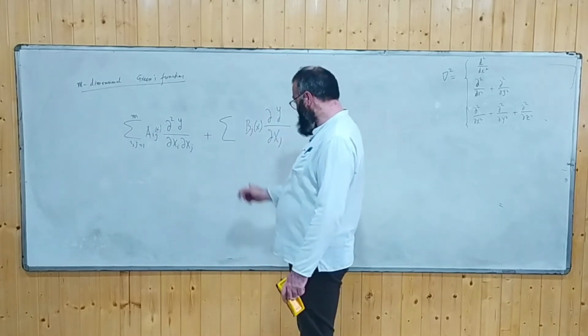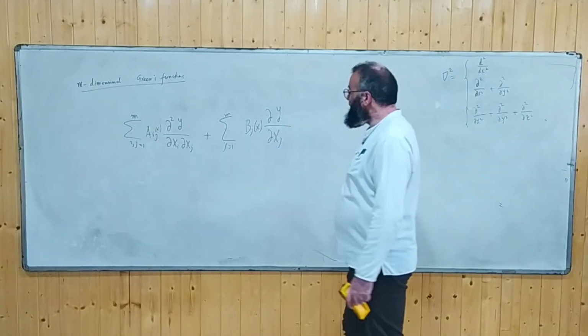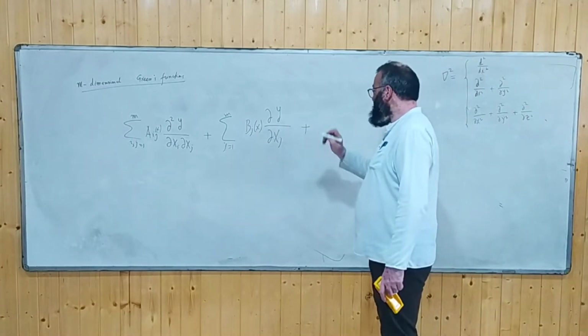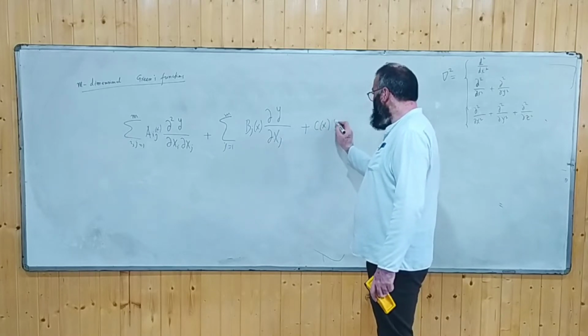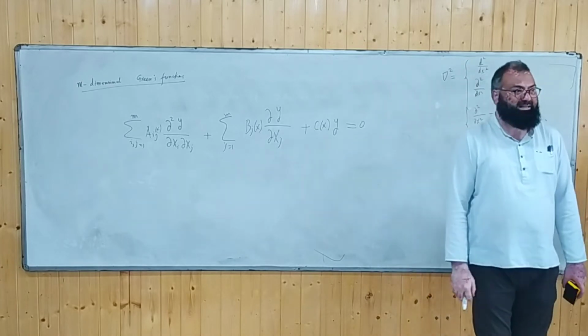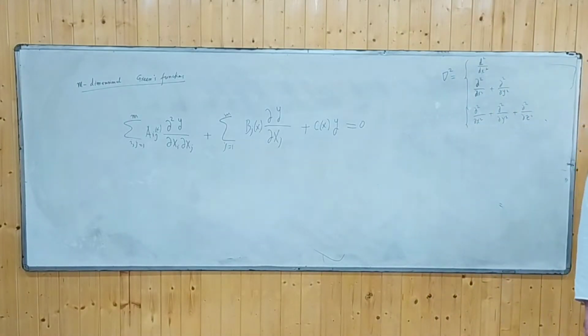These coefficients, j goes from 1 to m. So these are all linear order terms plus some c of x and y, that's equal to 0. Is this now a second order differential equation? Yes, it's in m dimensions. It contains m variables. Clear?